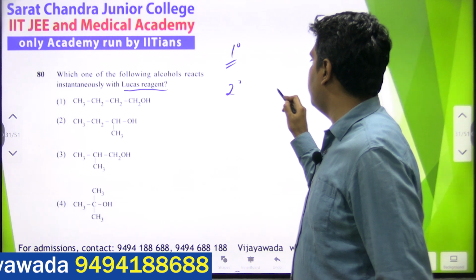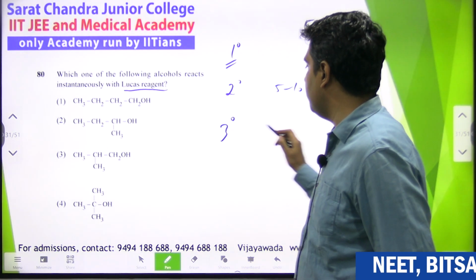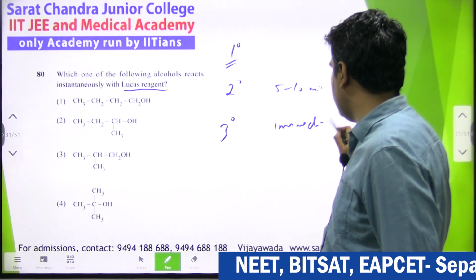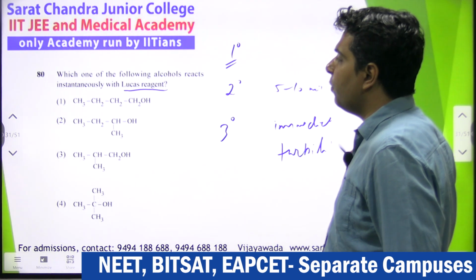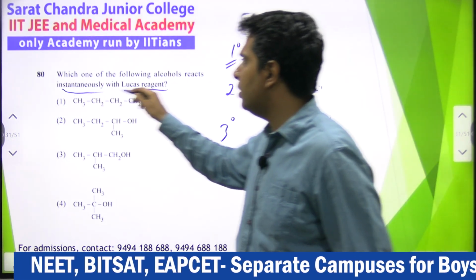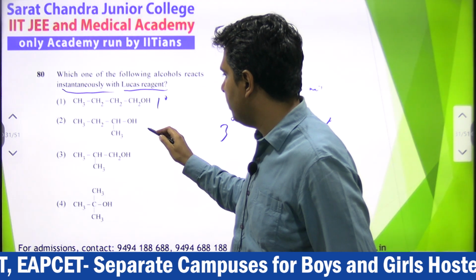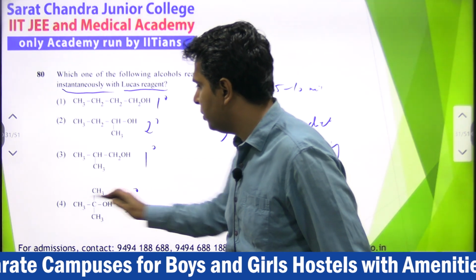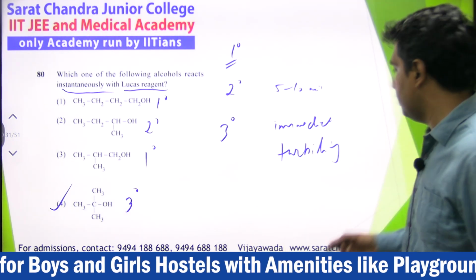Secondary alcohol gives turbidity within 5 to 10 minutes and tertiary alcohol reacts immediately and gives turbidity. So which of the following will instantaneously react with Lucas reagent? That is tertiary alcohol. So this is primary alcohol, this is secondary alcohol, this is primary alcohol, this is tertiary. So tertiary alcohol reacts immediately with Lucas reagent.